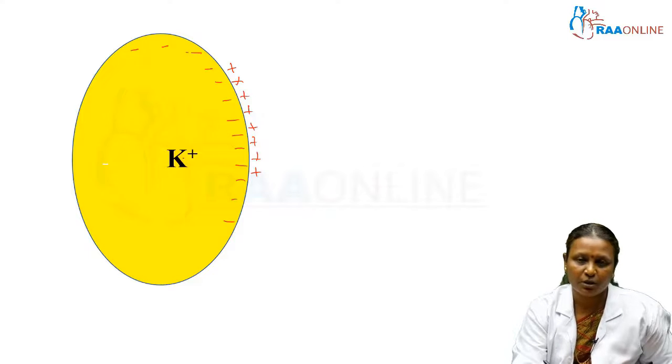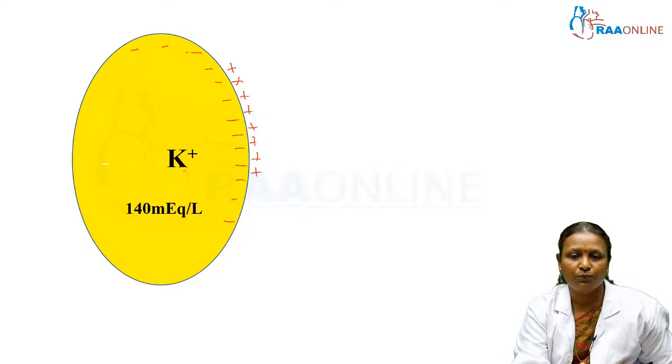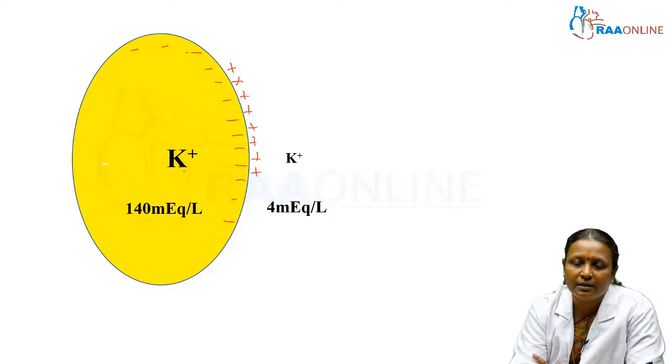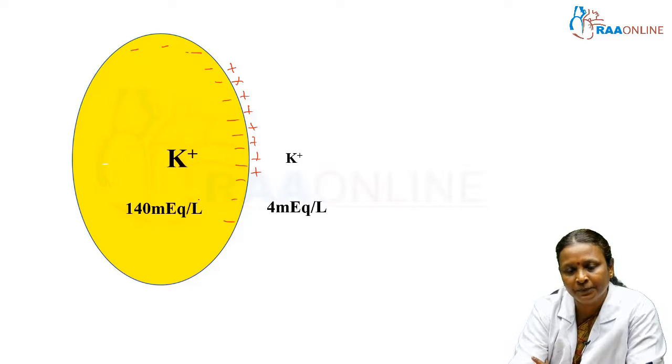The potassium concentration is more inside, around 140 milliequivalents, and the potassium concentration in the extracellular compartment is less. We assume that the cell is permeable to potassium alone. What favors the movement of potassium and in which direction will the movement occur?